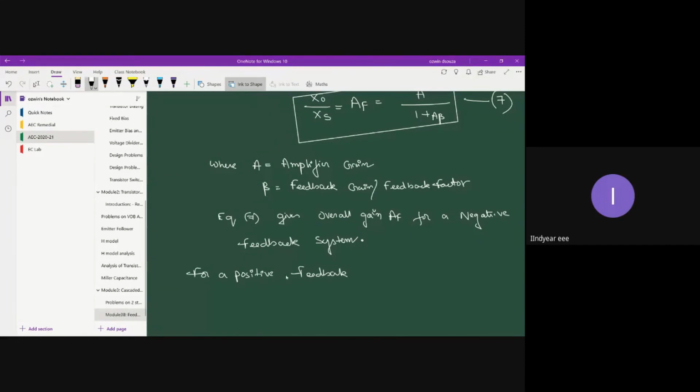For a positive feedback system, you would have got the overall gain AF as A divided by 1 minus A beta.